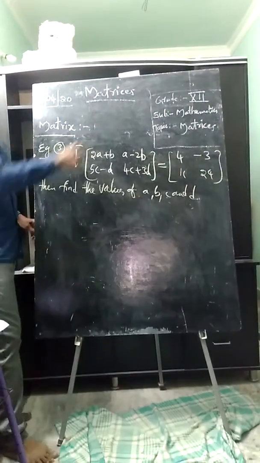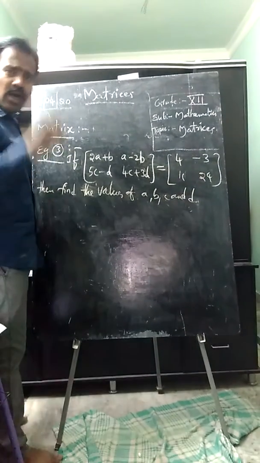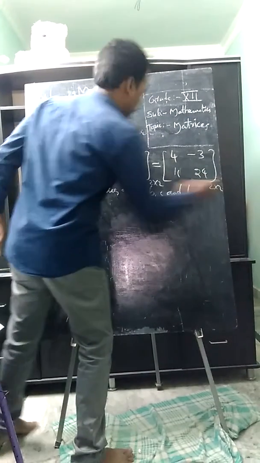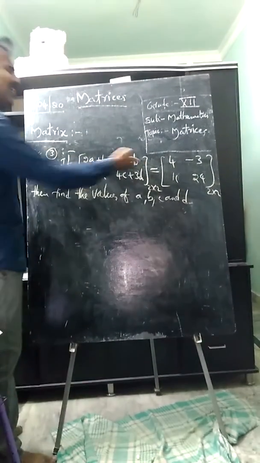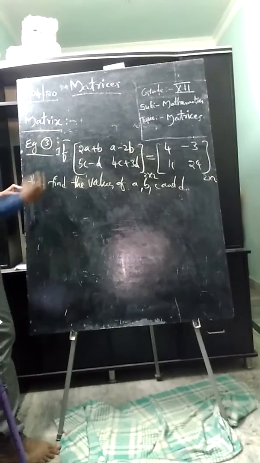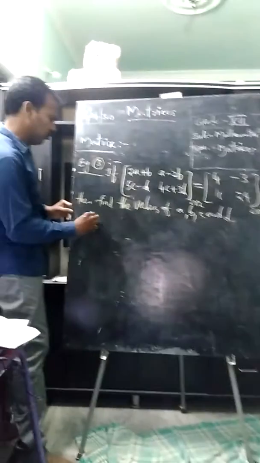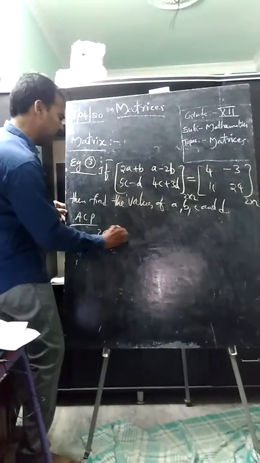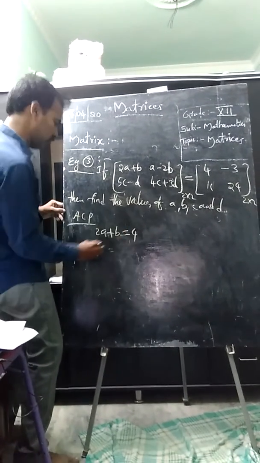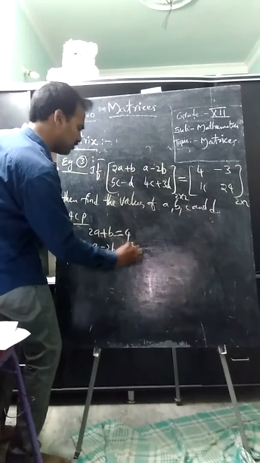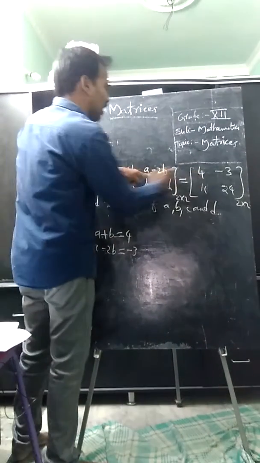See students, here two matrices are given as equal. As you learned, orders should be equal. Yes, orders are the same, and the corresponding elements should be the same. Already they are given equal. So according to the problem, we can write 2a plus b equals 4, a minus 2b equals minus 3, because corresponding elements are equal.